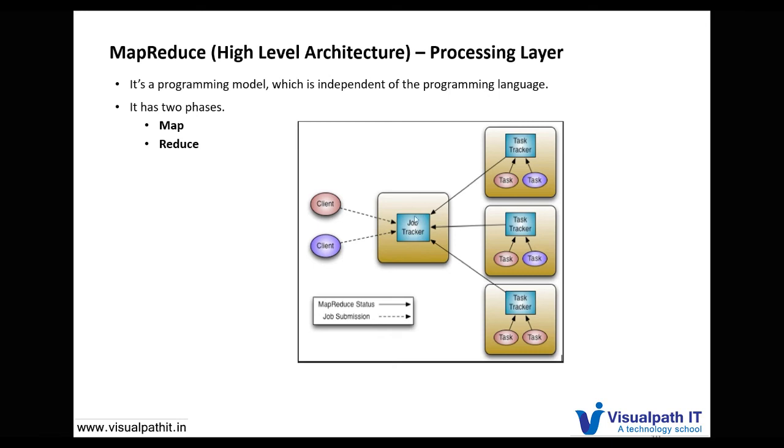The job tracker is a master and the task trackers are slaves. Again, in the Hadoop 1x storage layer, the name node is a master and the data nodes are slaves. In the processing layer, the job tracker is a master and the task trackers are slaves. So both the storage layer and the processing layer have a master and slave architecture. We'll discuss them one by one later.